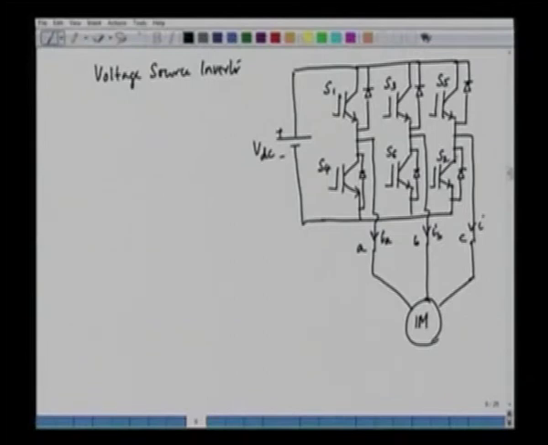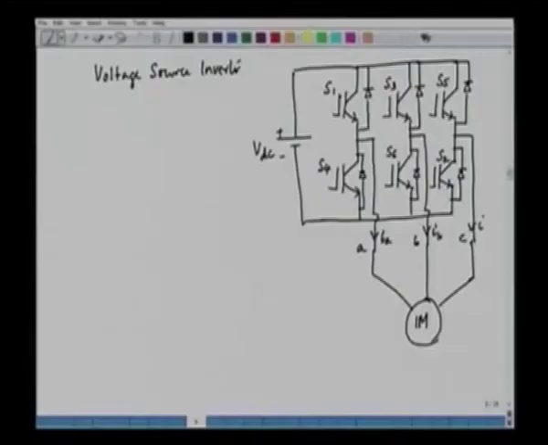So we have 6 switches, and when we have 6 switches, we have to have 6 gate drives. So the 6 gate drives can be fed to the transistors S1, S2, S3, S4, S5, and S6. The objective is this: whenever we have a phase A current, the actual current should follow the phase A reference current as faithfully as possible.